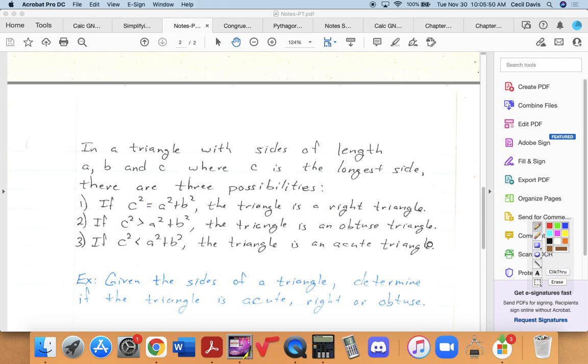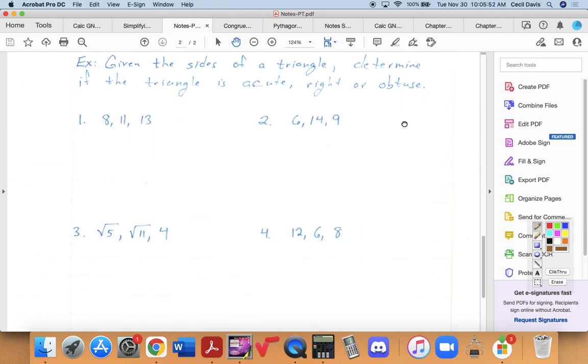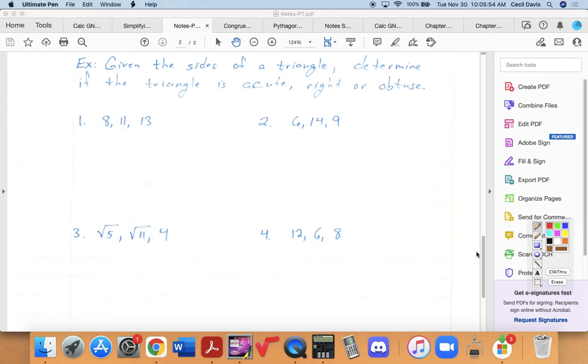All right, let's do some examples of that. Given the sides of a triangle, determine if the triangle is acute, right, or obtuse. Step one is always figure out which side is the biggest side. Sometimes it's pretty easy. What side's the biggest side? 13.